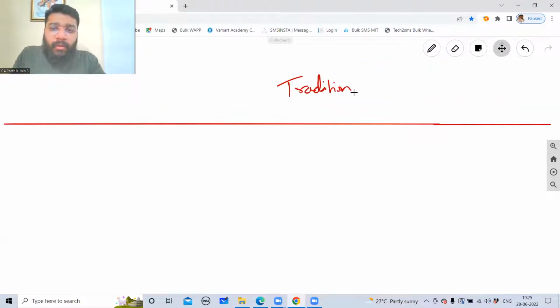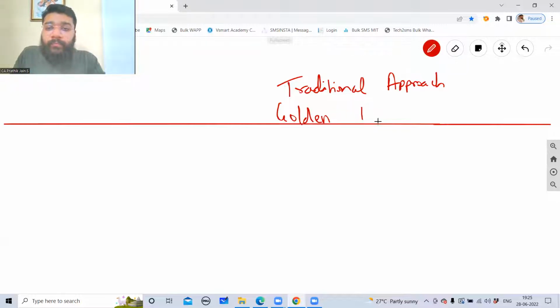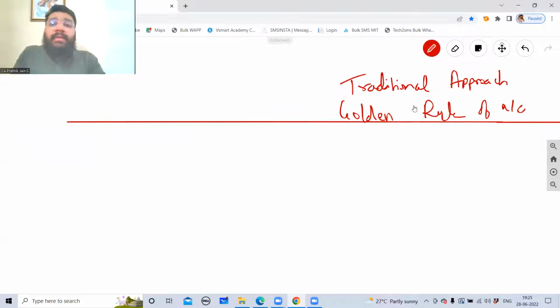Traditional approach, which is also known as the golden rule of accounting. So they have given three classifications.